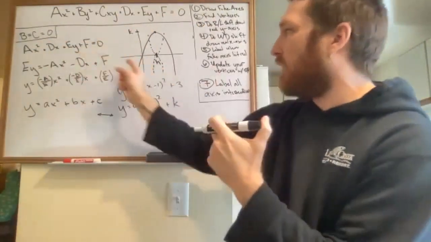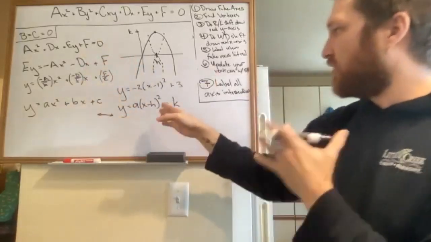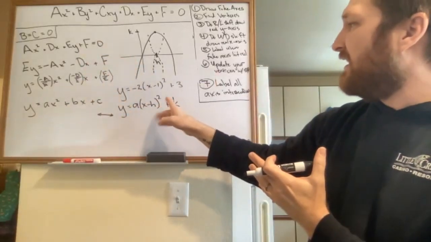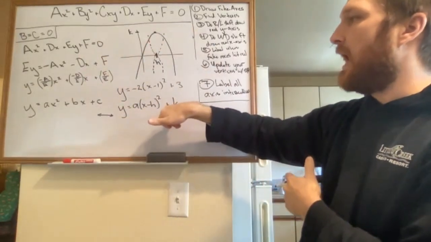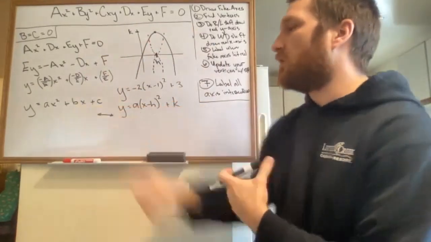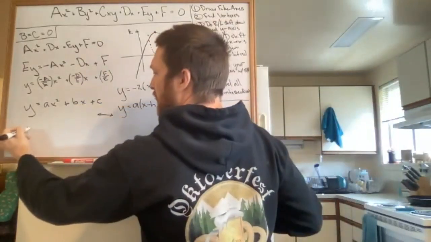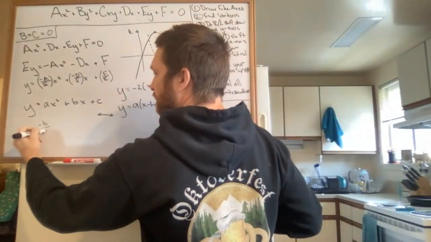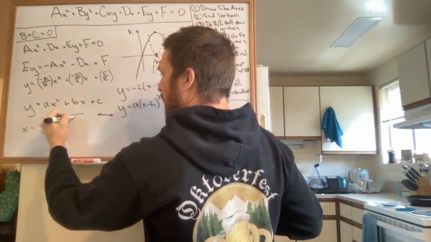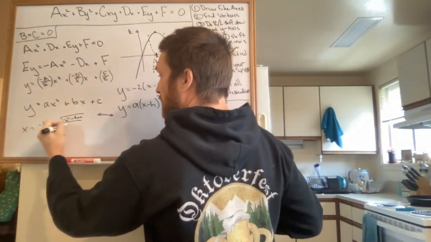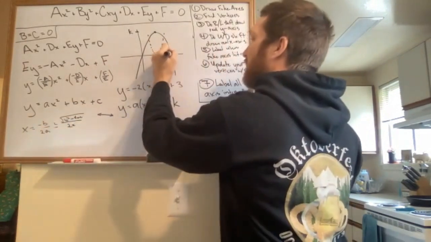But if I could rearrange it, do some magic and turn it into something like this, then it helps me not only graph it, but remember, this is how we derived the quadratic formula, right? x equals negative b, this bad boy right here, which is really nice because that tells me where these things are.